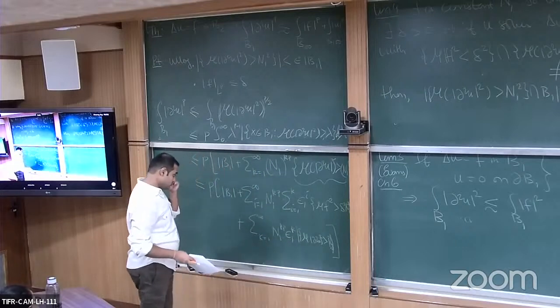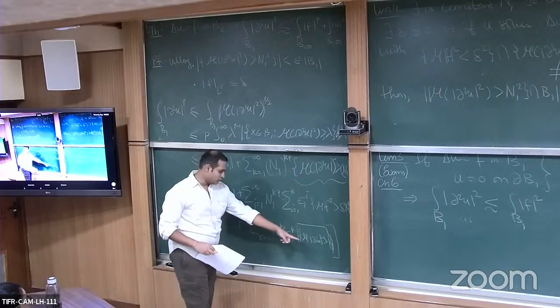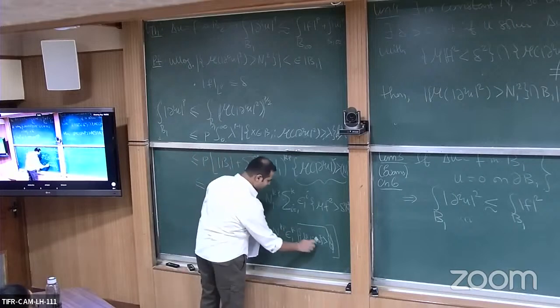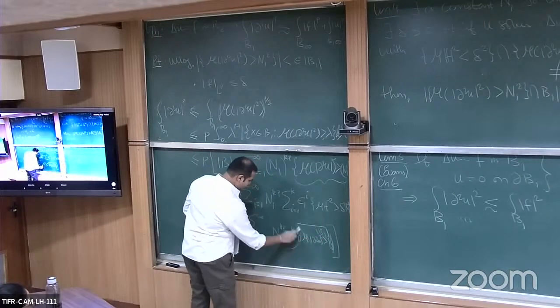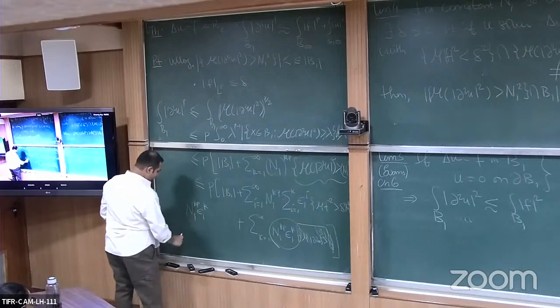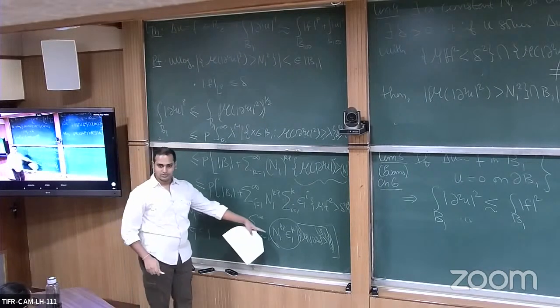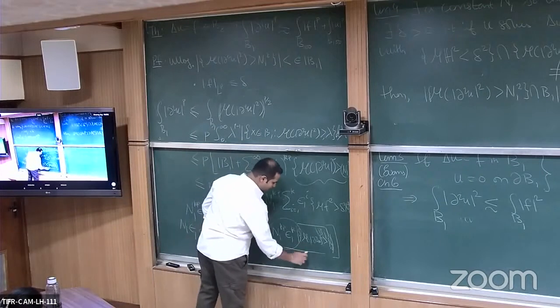Now this is again the measure of the ball, because it's in the ball, so it's at most that. So I have this sum which is like n1 power kp times epsilon 1 power k. So if I choose something like n1 epsilon 1 less than 1, this will converge. Is it okay?